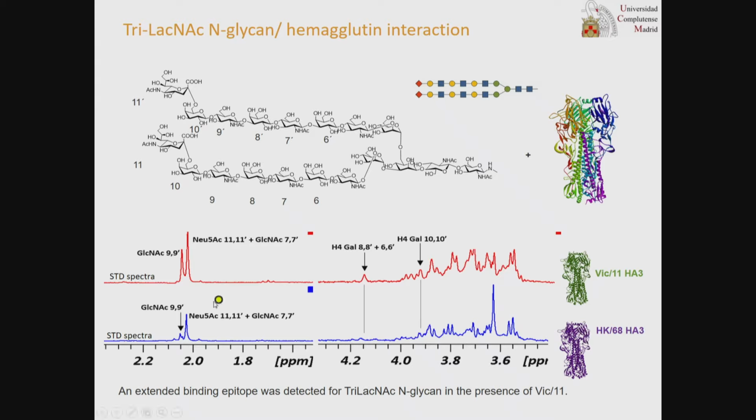And as you can see, we always have the STD for the neuraminic acid, the sialic acid, but again, for the GlcNAcs that are inside the chain, we only obtain a high STD effect in the case of Victoria 11. It's like Hong Kong 68 just likes the sialic acid. The rest is more or less the same, but the other is more specific.